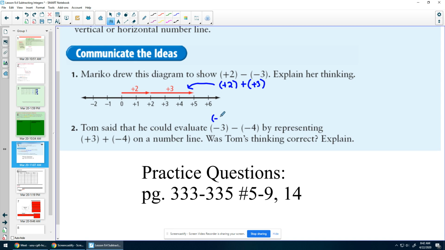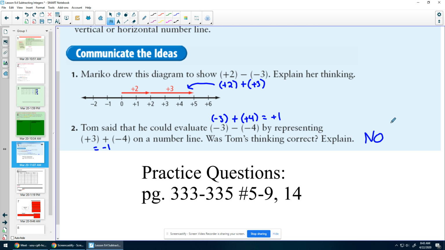Because you start with your original, and if we added the opposite, which is positive 4, that's going to give us positive 1 as our answer. Over here, we have positive 3 plus negative 4. That's going to give us negative 1. So no, you cannot show it using that way. Tom was incorrect.